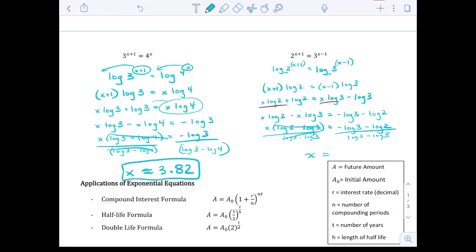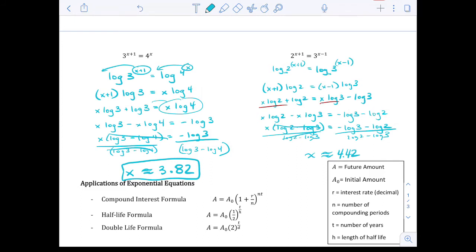I'm going to divide that by, and then open up a bracket for the bottom. Each calculator is different, so you got to know how to use yours. But on the bottom, I'm going to put log 2 minus log 3. And end that bracket, and we get 4.42 when we round it. Right, it was 4.4190, so we round that one to 4.42.